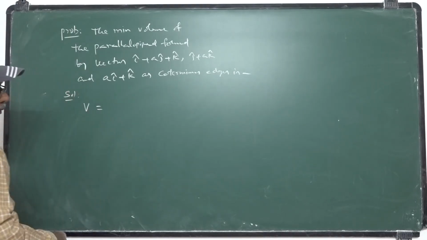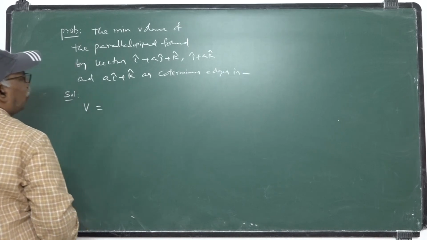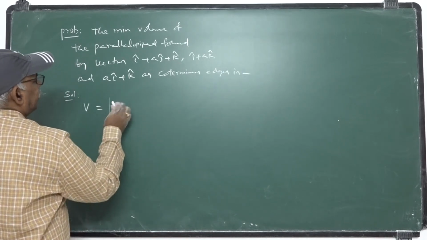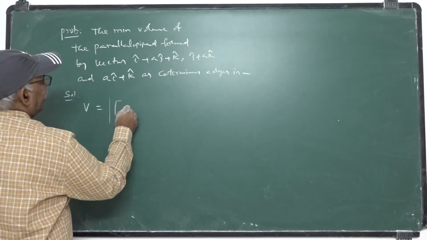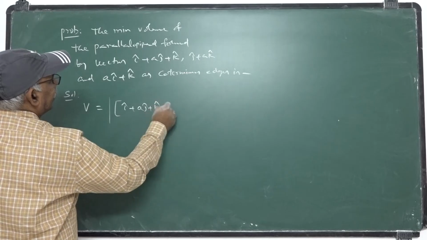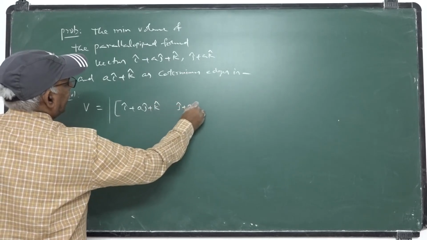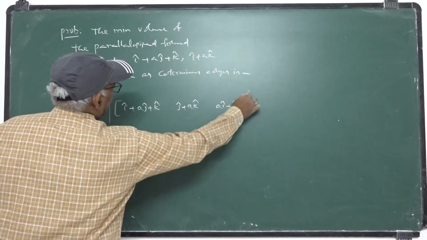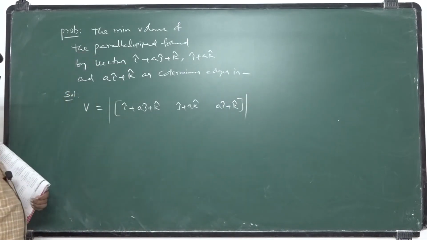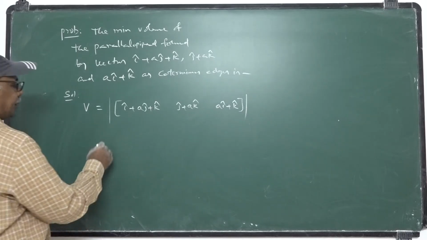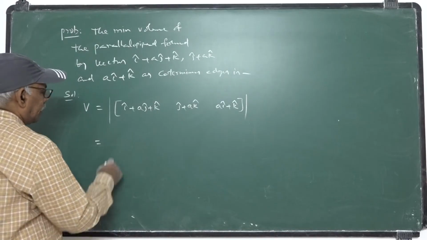Volume V equal to the volume of the parallelepiped, which is the modulus of the box product of i plus Aj plus k, j plus Ak, Ai plus k. The volume of the parallelepiped is the modulus of the box value of the coterminous edge vectors.